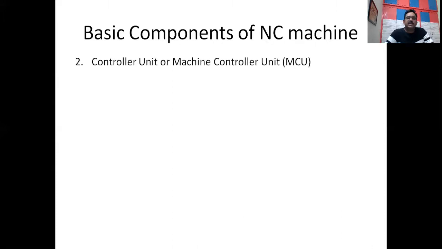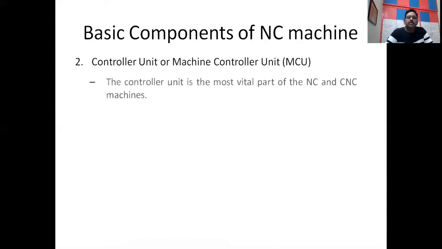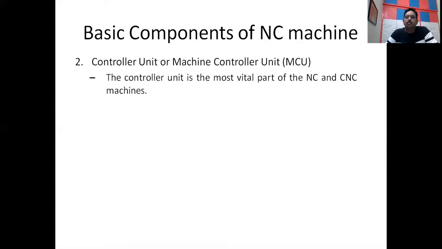So this is the second important, or basic, component: the control unit, or we will call it the machine control unit, MCU. In fact, this is the heart and brain of an NC machine. This is a very, very important component. So the control unit is the most vital part of NC and CNC machines.